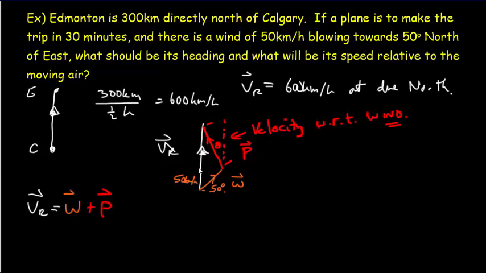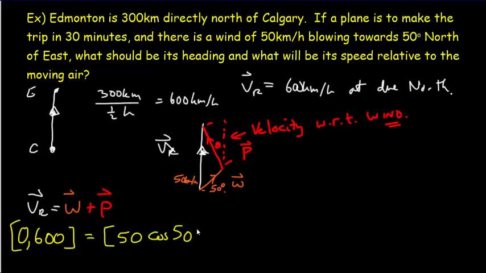The resultant vector has got to be straight north, and the speed is 600 kilometers per hour. So it's going to be 0, 600, because it's directly north, directly up. The wind vector, that's going to be 50, the length of the vector, times the cos of the angle, and that is the natural polar angle, that 50 degrees.